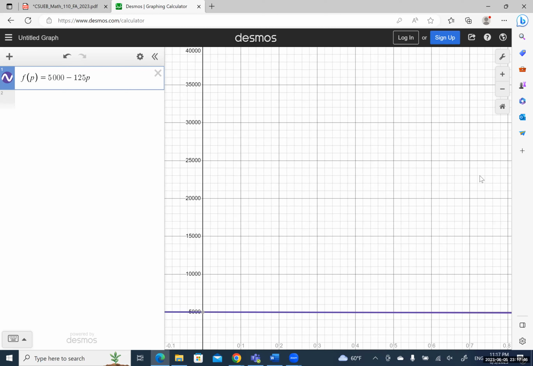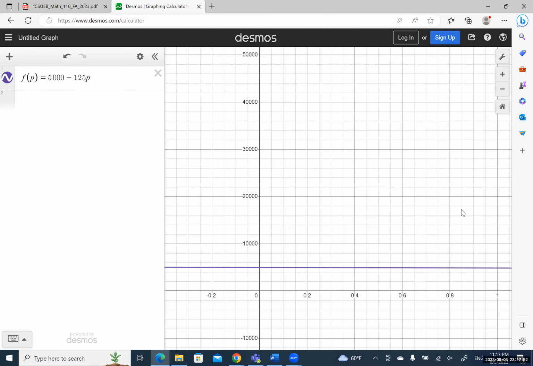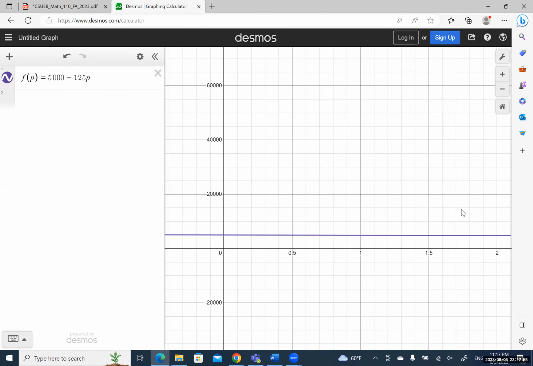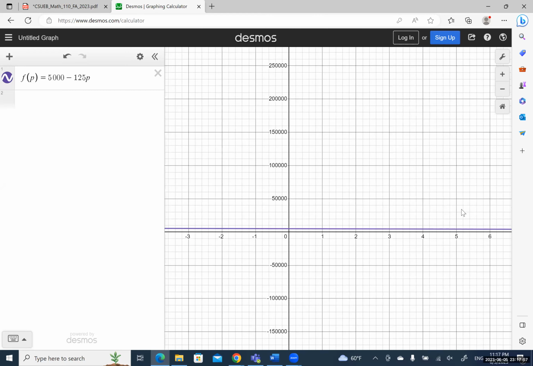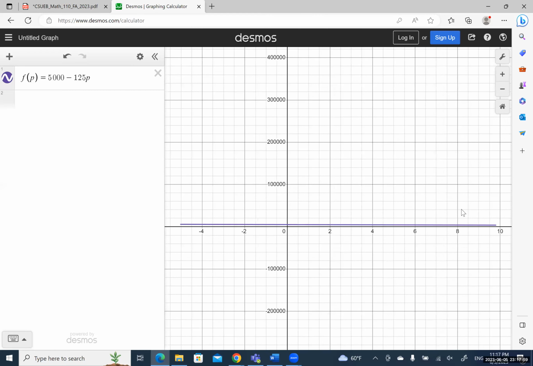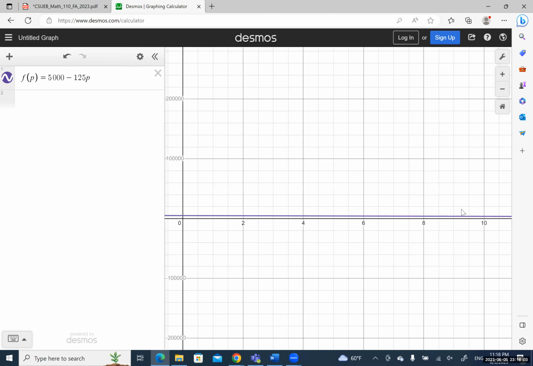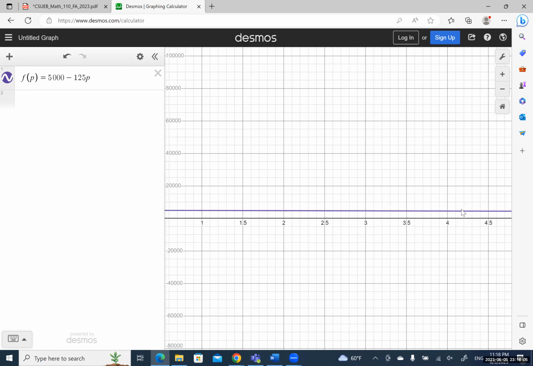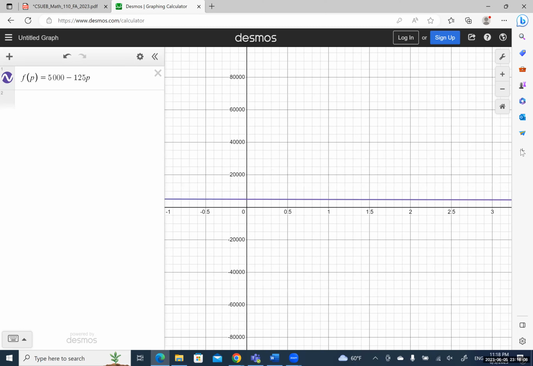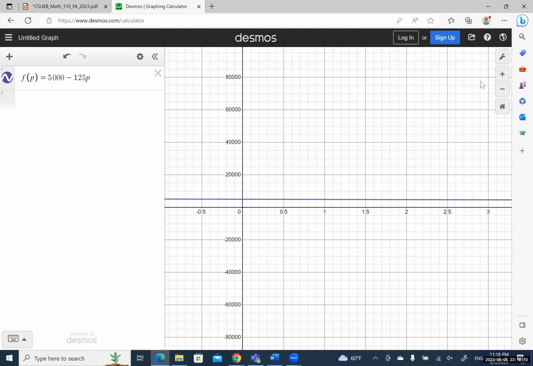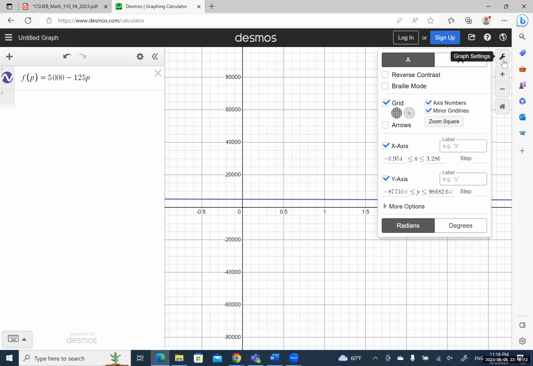Okay. So as you see right now, I have a line, but it's not easy to see. So we need to change the scale a little bit, right? First, click on this one.